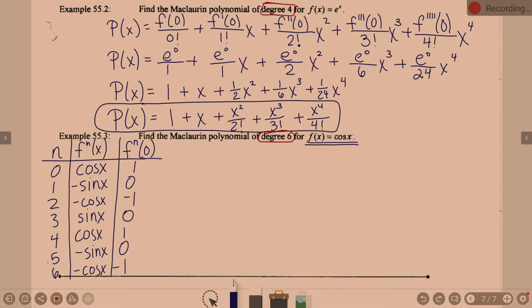So, let's write this out. We're doing f of 0, which is 1 over 0 factorial, which is going to be 1. I'll write that in the next one. I am going to write a little bit, but not as many rows this time.